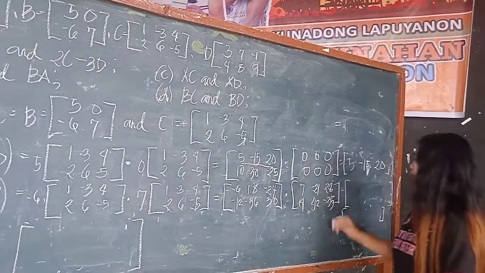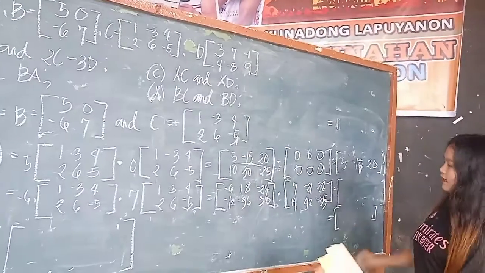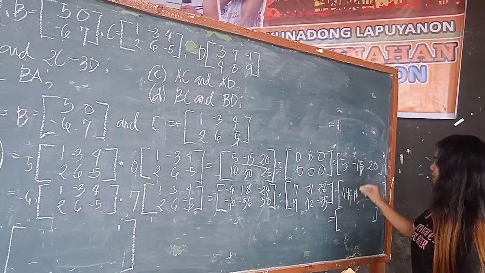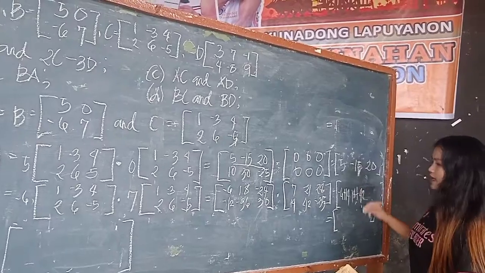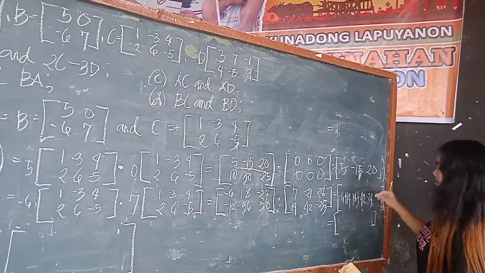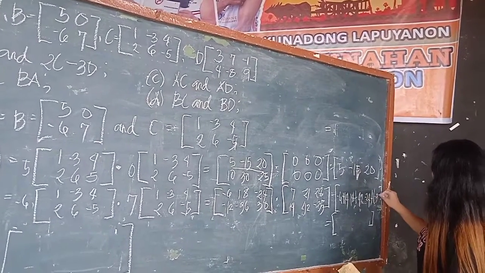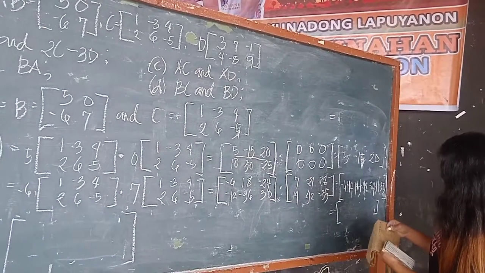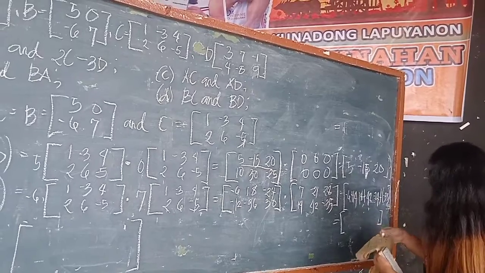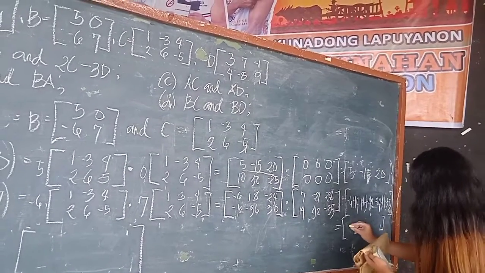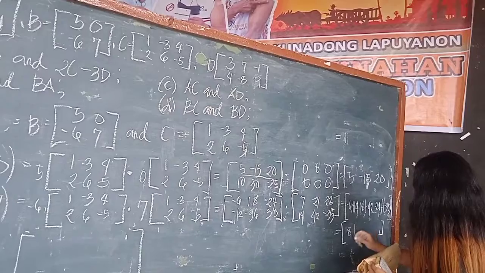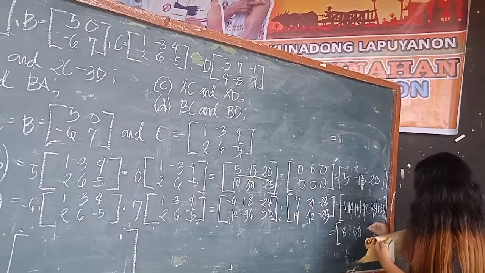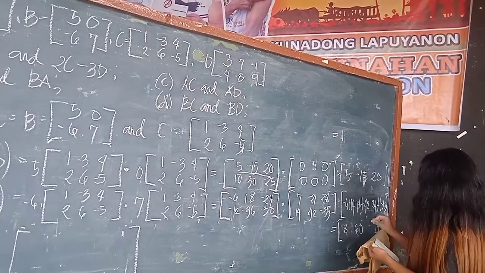Para makuha ang answer, i-add lang siya. Negative 6 plus 14, and plus 18 plus 42, then negative 24 plus negative 35. So therefore, the answer is negative 6, it becomes 8, 60, then negative 59.